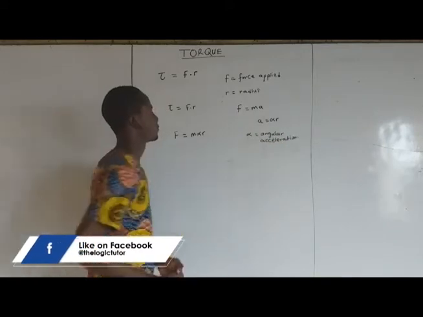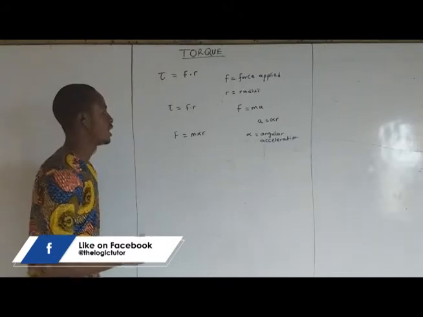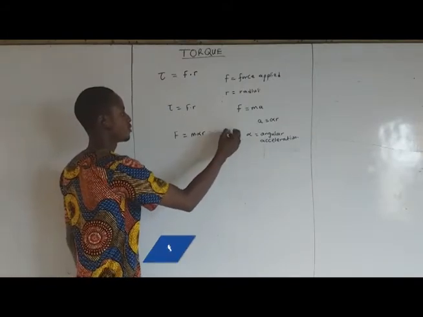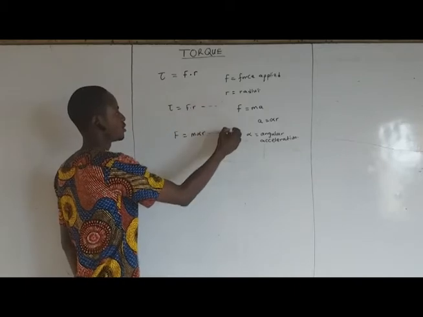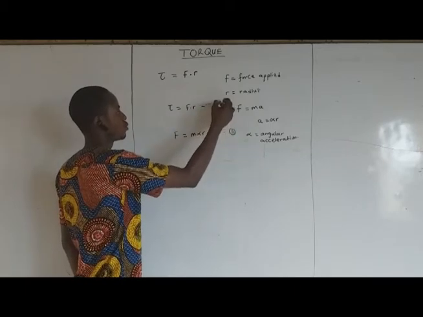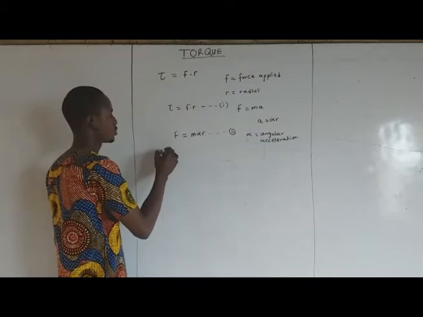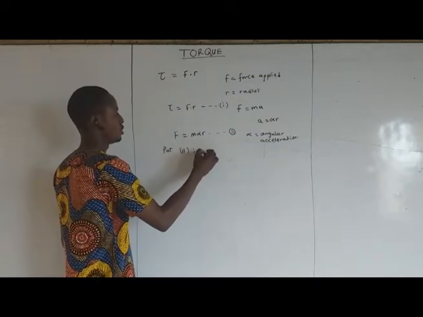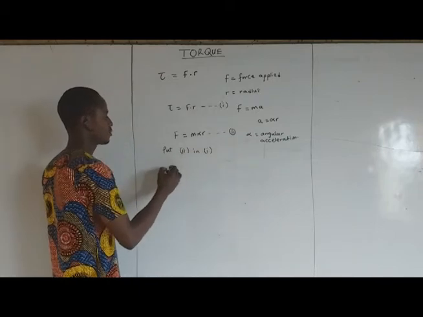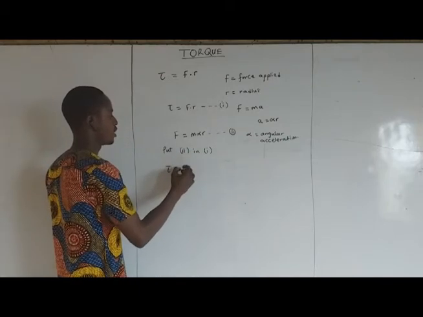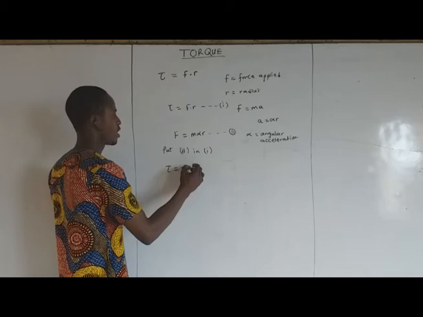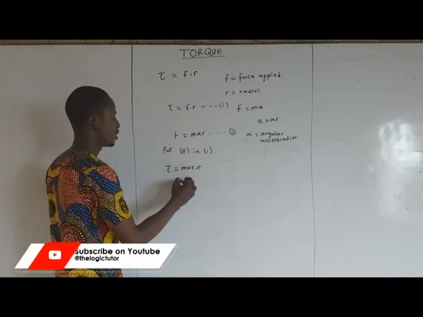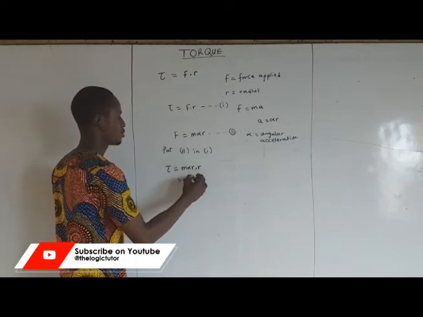Angular acceleration. Now, let's take this back into the formula for torque, where we make use of F. Let us call this equation 2, and the torque formula 1. Putting 2 in 1, torque will be equal to m alpha r dot r, which is m alpha r squared.